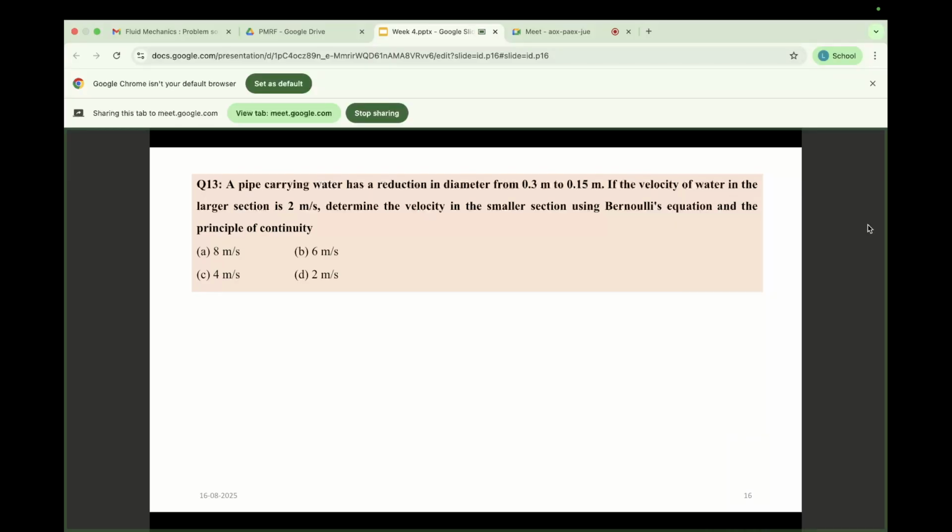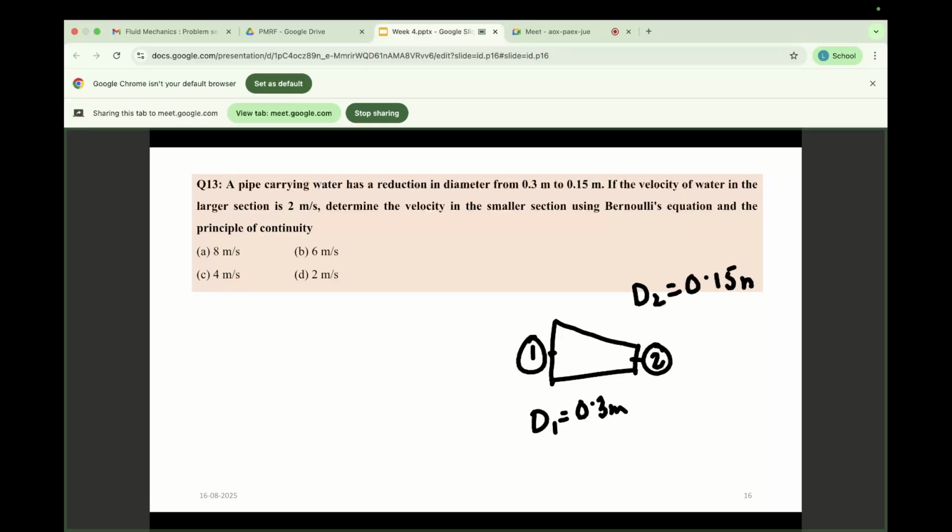As I have said, only the diameter is given. If I draw the diagram, it should be like this, with point 1 and point 2. Diameter D1 is given as 0.3 meter and D2 is 0.15, that is half of the initial diameter.